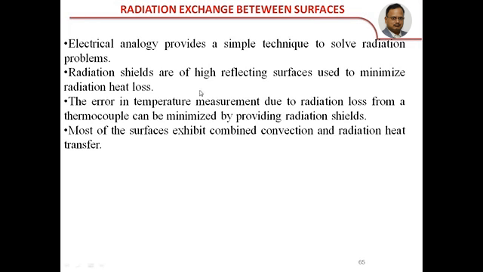Radiation shields are high reflecting surfaces used to minimize radiation heat loss. Error in temperature measurement due to radiation loss from a thermocouple can be minimized by providing radiation shields. Most surfaces exhibit combined convection and radiation heat transfer. However, radiation is dominant only at higher temperatures. Otherwise, it can be negligible.